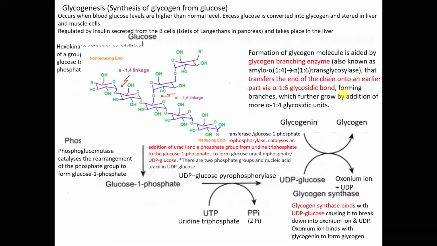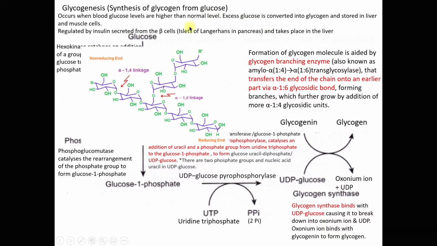And then now we have the glycogen, but as you know, glycogen exists as branches. So the formation of the glycogen molecule is aided by glycogen branching enzyme. This glycogen branching enzyme transfers the end of a chain onto an earlier part.